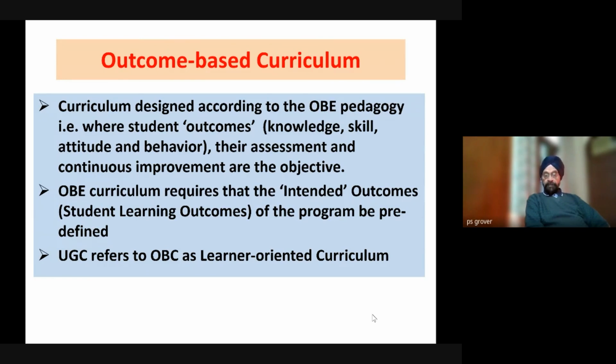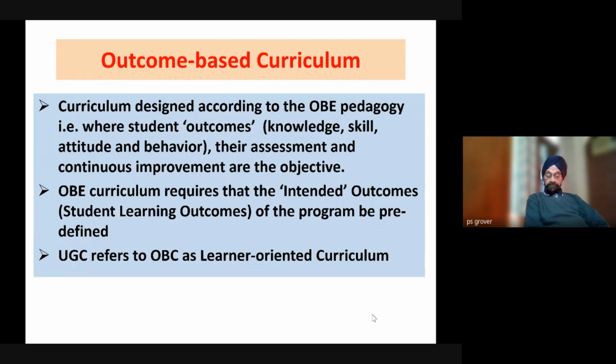So an outcome-based curriculum is designed according to OB pedagogy, where student outcomes, knowledge, skill, behavior, their assessment and continuous improvement are the objective. An OB curriculum requires that the intended outcomes of the program be predefined, and this is an integral part of our NEP 2020, and UGC has already come out with a learner-centric curriculum framework, as it's called.